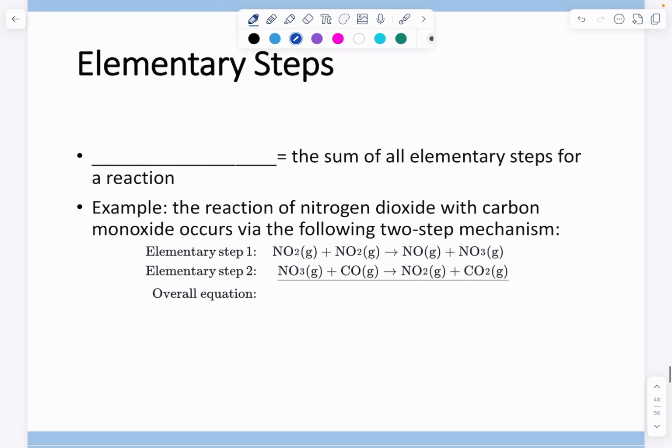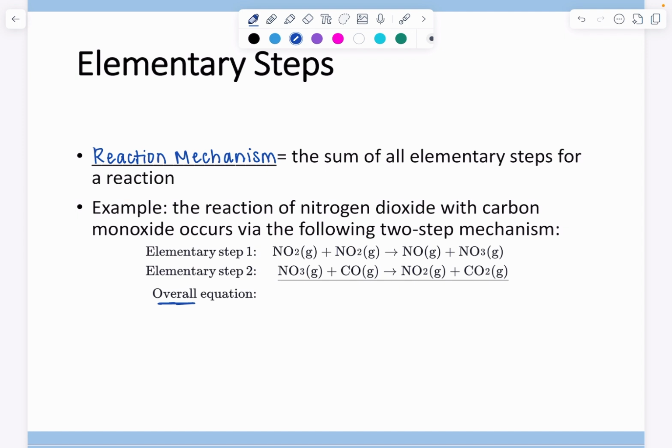So elementary steps, we've talked about, those are the singular steps that happen at once. Multiple elementary steps can form a reaction mechanism. So a mechanism is the sum of all elementary steps, often indicated as overall reaction.